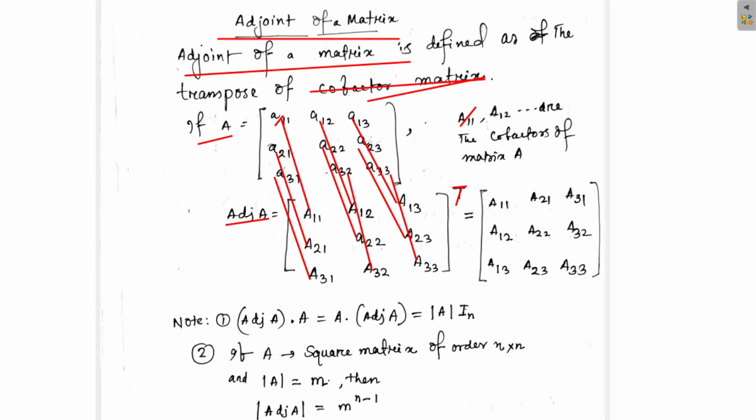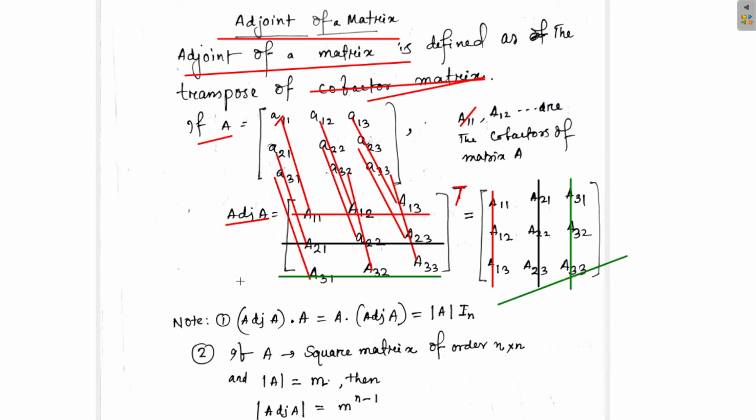We just interchange the rows into columns like this. The second row will come like this, and the third row will come like this. So the final adjoint of the matrix A is given by this matrix.